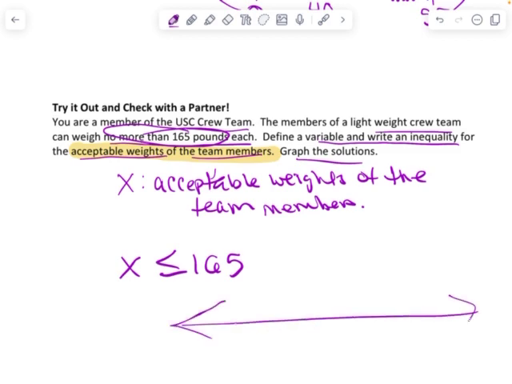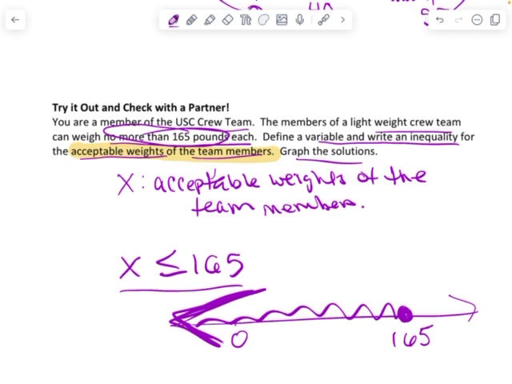Yes, which means that x is less than or equal to 165. If I draw my graph, hopefully you'll pick out which type of point to plot. It should be a closed point. And where are the values that are less than 165? Way down here.